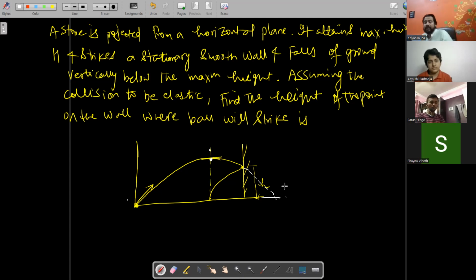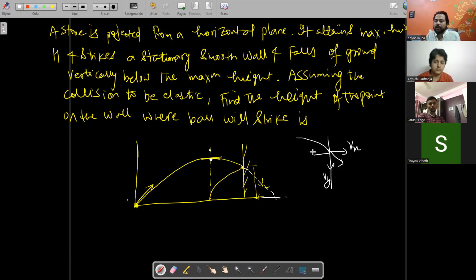Now, because this is an elastic collision, at this point it will strike the wall like this with some horizontal component and some vertical component. But since the collision is elastic, it will rebound with the same horizontal velocity.